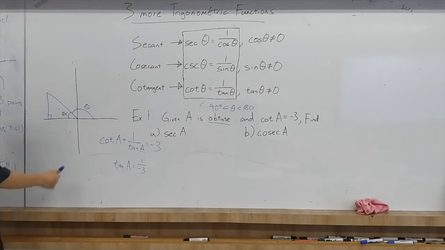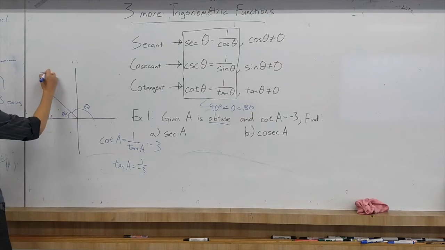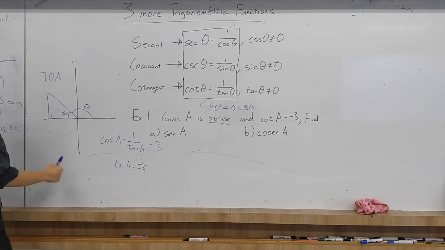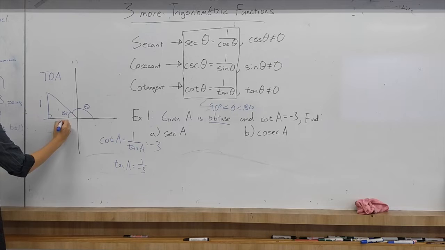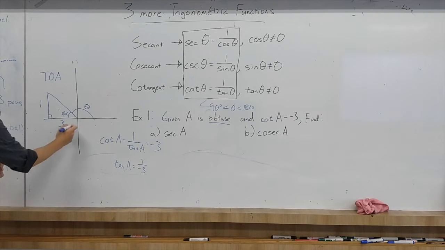So now we can do our SOHCAHTOA, the TOA. So the opposite over the adjacent is 1 over 3. Now obviously this 3 is negative because we're going this way on the x-axis.